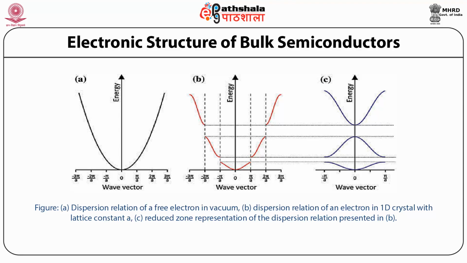Accordingly, the energy dispersion relation can be limited to the k values in the window from minus π/a to plus π/a, and the values of higher k may be folded into this zone by deducting 2π/a from the k value.